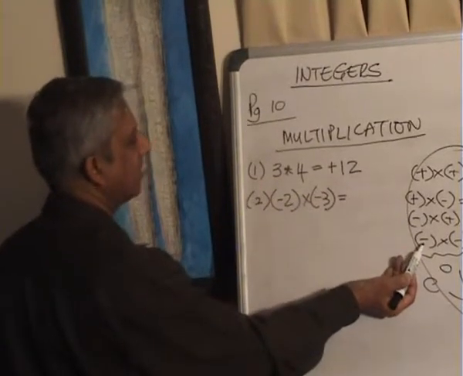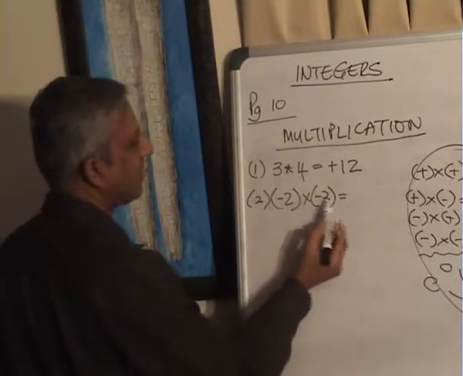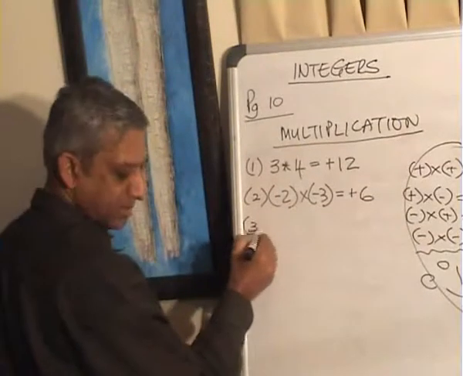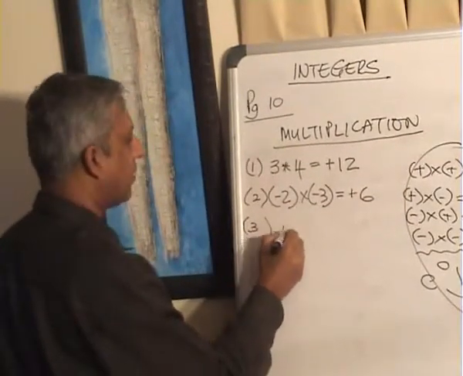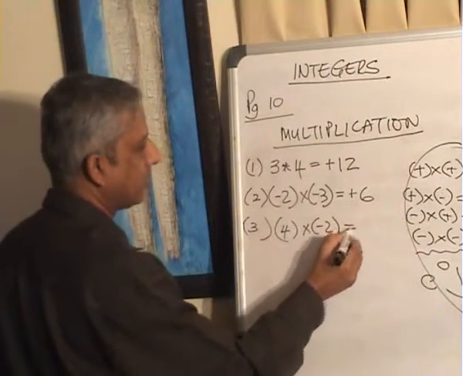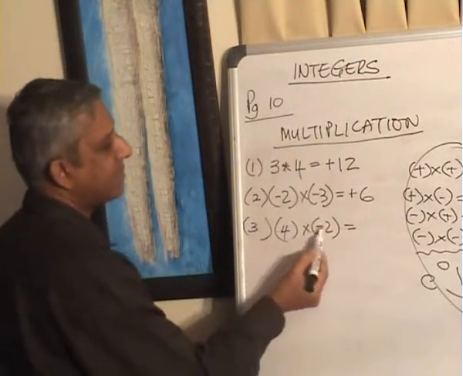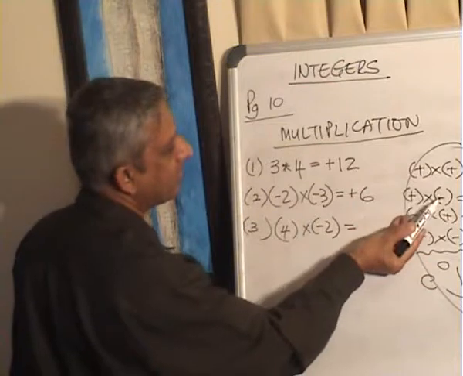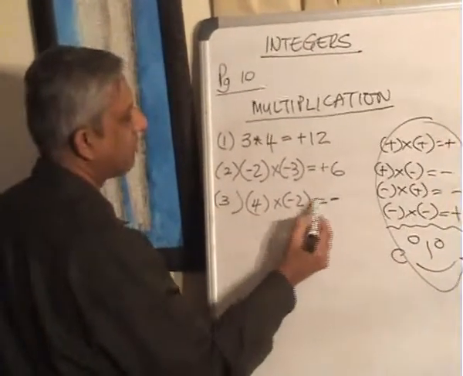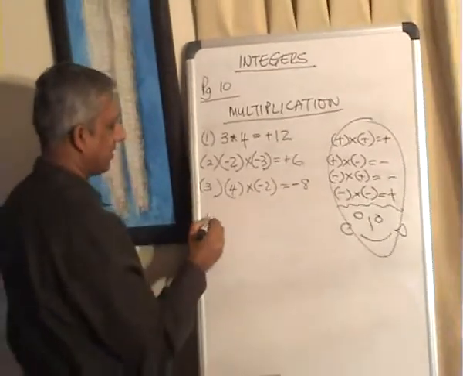Minus times minus is plus. 2 threes, 6. Then example 3, you got 4 times minus 2. Well, it's a plus times a minus, which will give you minus 4 times 2, 8.